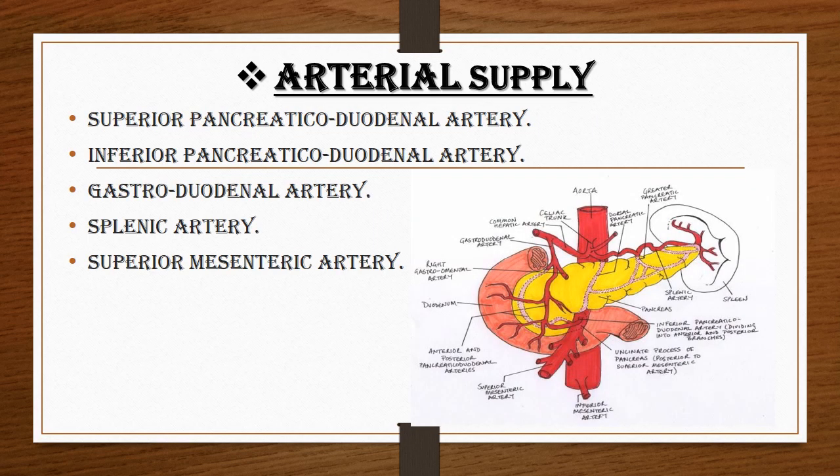Next is blood supply to the pancreas. The head of the pancreas is supplied by the superior and inferior pancreatico-duodenal arteries. The body and the tail are supplied by the pancreatic branches of the gastroduodenal, superior mesenteric and splenic arteries.